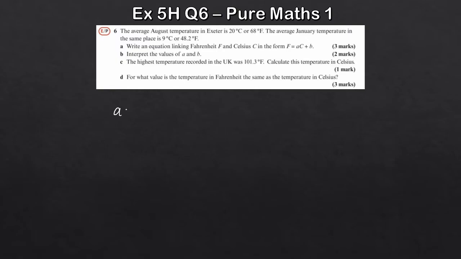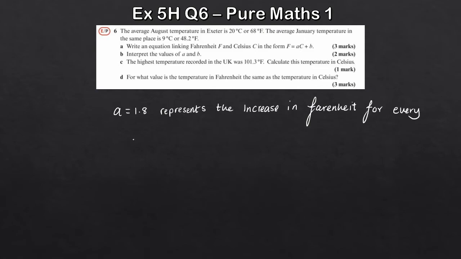So the A, which is our gradient, so A equals 1.8, this represents the increase in Fahrenheit for every one degree increase in Celsius.